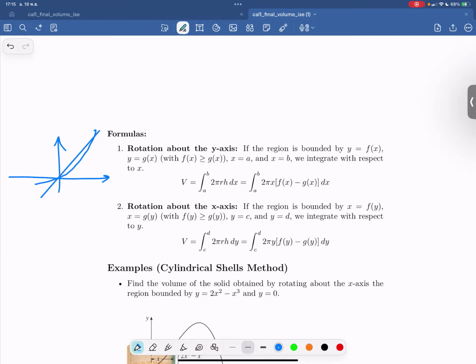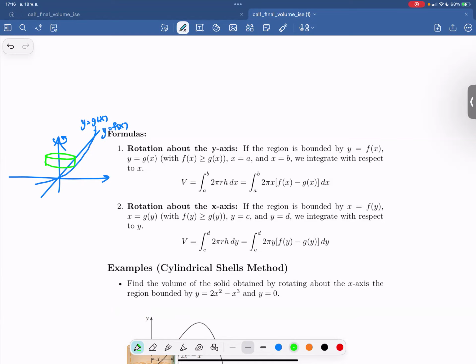If you rotate the area between two functions, you have to define the radius and the height carefully. Like if I say the lower one is y equals g(x) and the upper one is y equals f(x), and then we rotate this area about the y-axis, you may first try to find your cylinder like this.